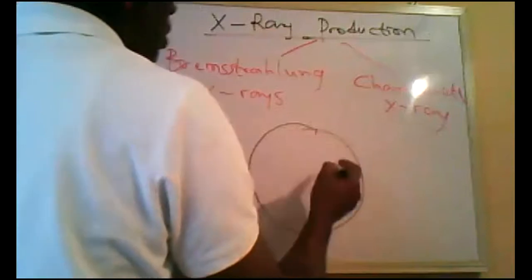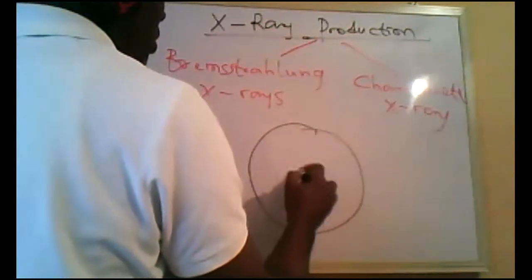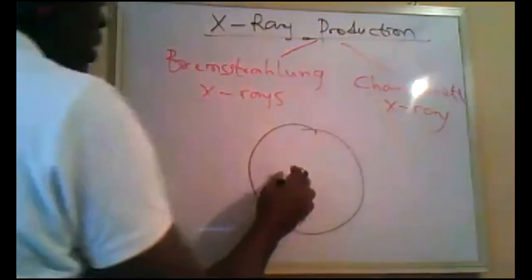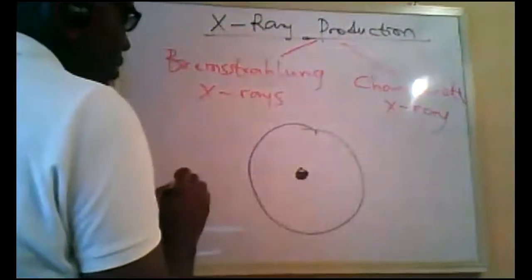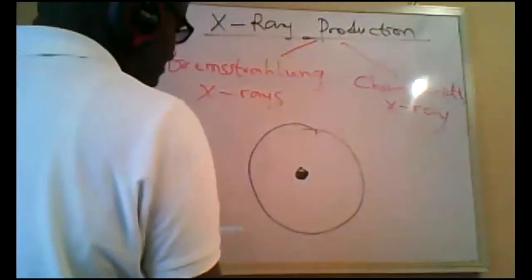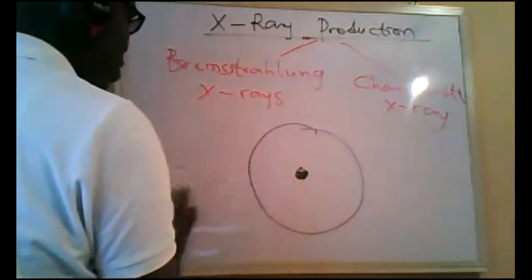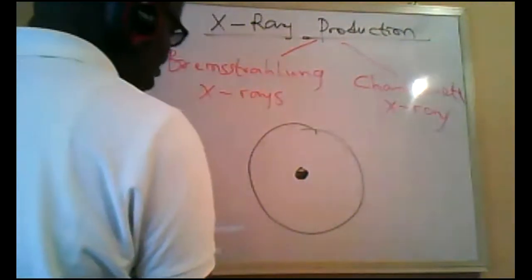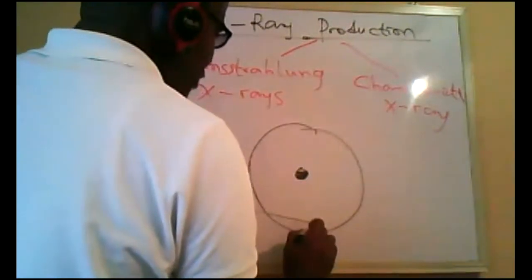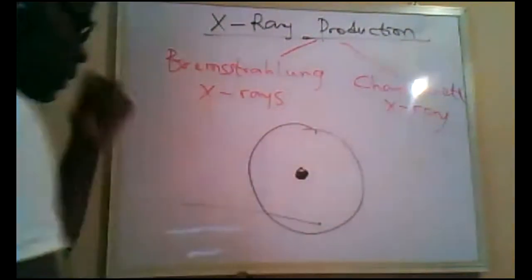This is our nucleus. As electrons come over, some electrons will be very distant from this.